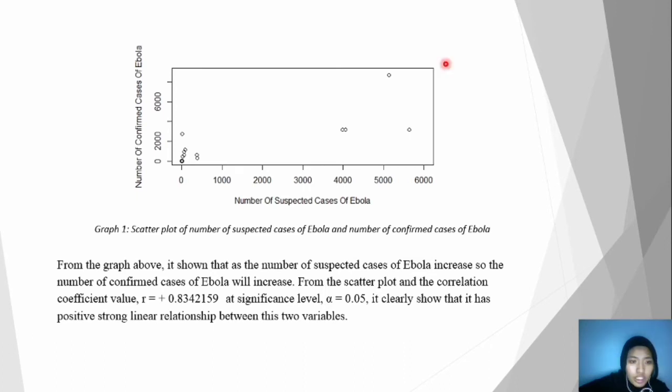From the graph, it shows that as the number of suspected cases increases, the number of confirmed cases will increase too. The correlation coefficient R is positive 0.834259, and it clearly shows a strong positive linear relationship between these two variables.